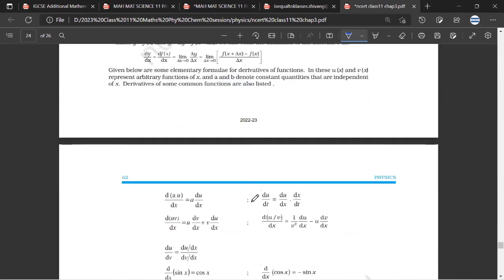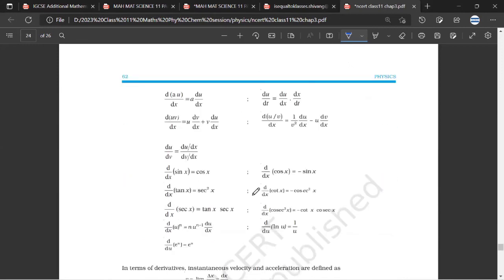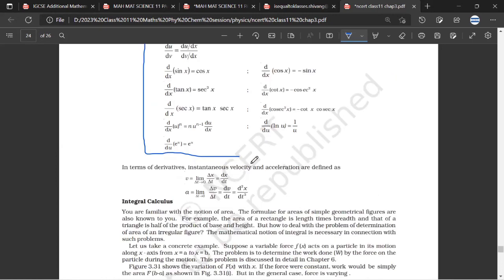And right now, in lecture number 3, these are the rules that we are discussing. Do you see these rules? Avantika, are you able to see these rules? Yeah. So these are the rules that we are discussing. And if you see, velocity is dx by dt, acceleration is dv by dt, d square x by dt square.